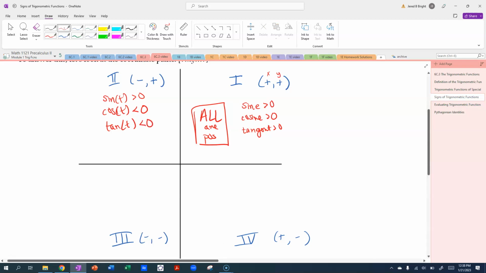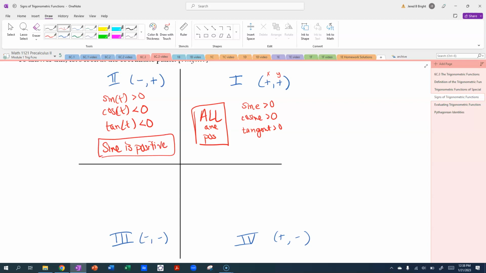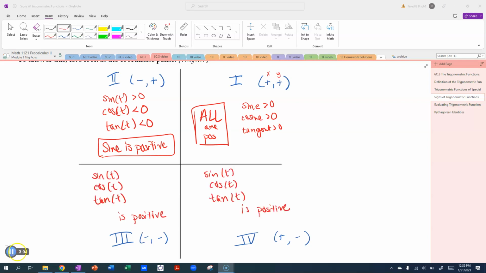The reciprocal functions will follow suit. So in quadrant 2, only sine is positive. Now what about quadrants 3 and 4? See if you can figure out which trig functions are positive or negative in quadrants 3 and 4.